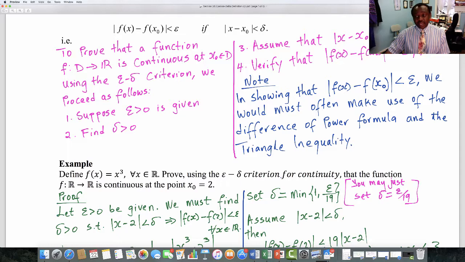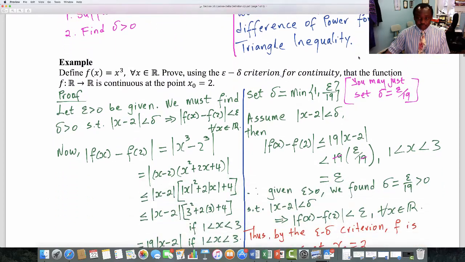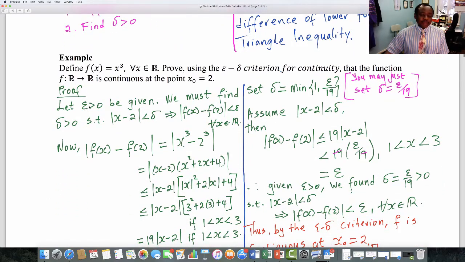And in this case, our x0 is 2. So let's go ahead and follow the procedure. Let epsilon greater than 0 be given. We must find a delta greater than 0 such that the absolute value of x minus 2 less than delta would imply that the absolute value of f of x minus f of 2 is less than epsilon for every x in our domain D, which in this case is the set of real numbers.